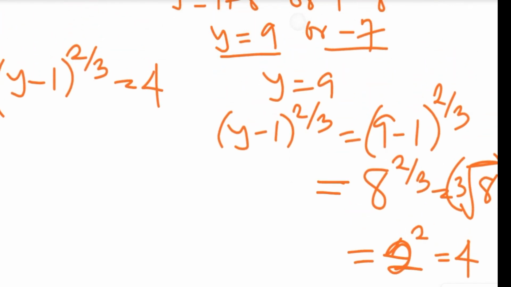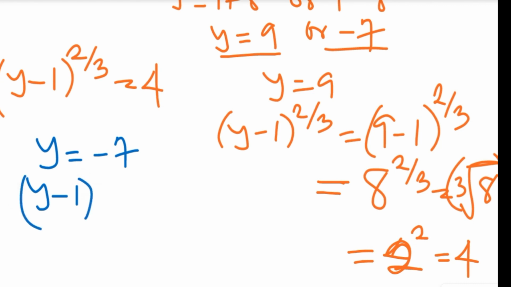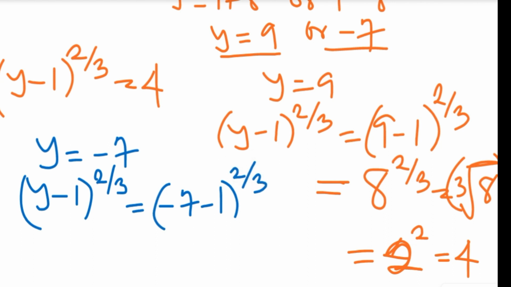Now let's try that for the second value. When y is equal to minus 7, then y minus 1 raised to the power 2 over 3 will be equal to minus 7 minus 1 all to the power of 2 over 3. And this will give us minus 8 to the power of 2 over 3.